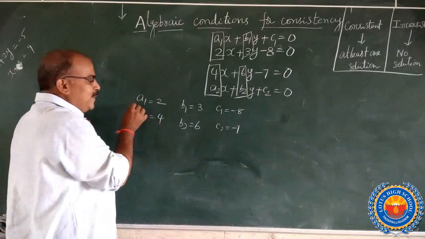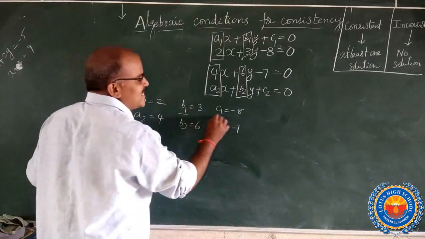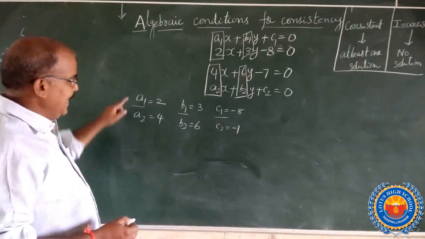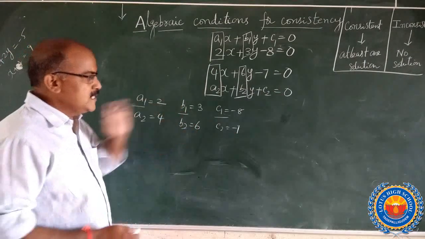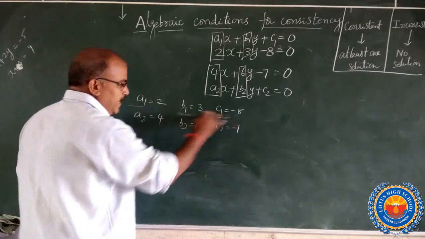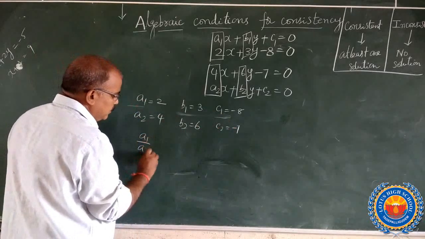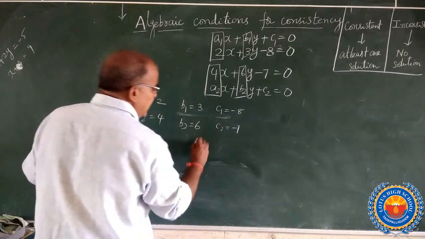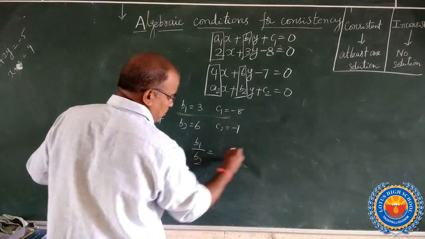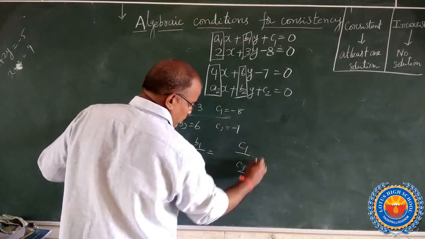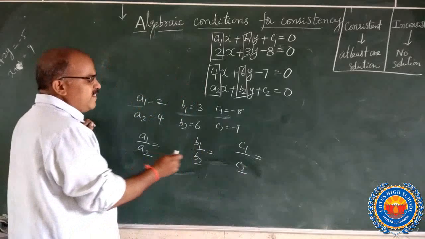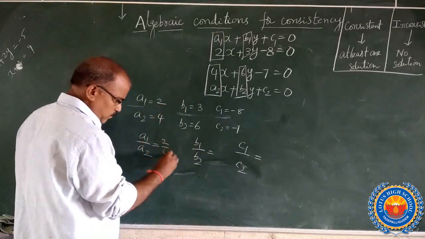Now a1 by a2, b1 by b2, c1 by c2. I will write down a1 by a2 is equal to b1 by b2 is equal to c1 by c2. What is a1 by a2? 2 by 4.